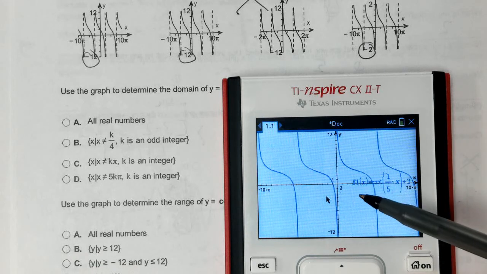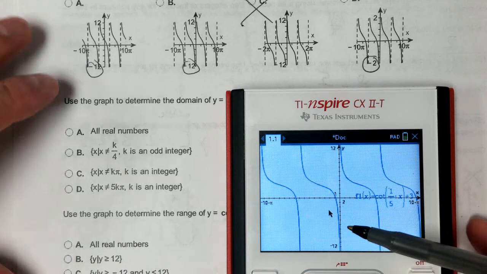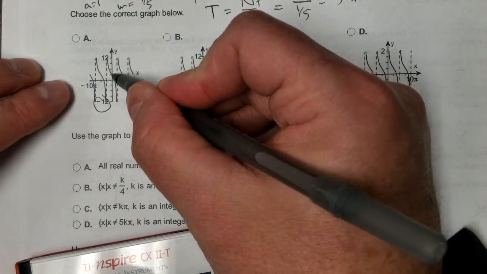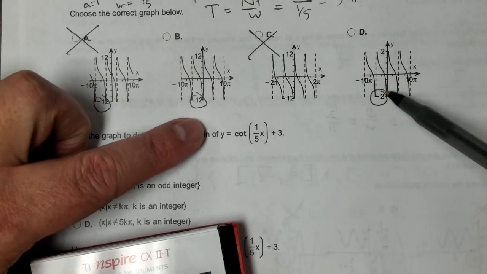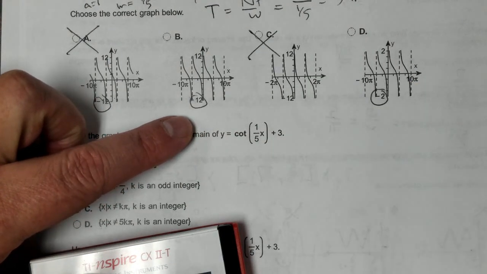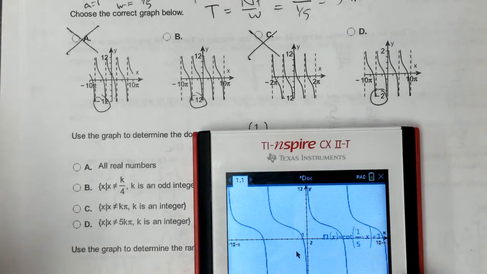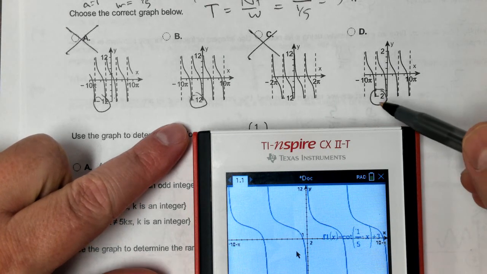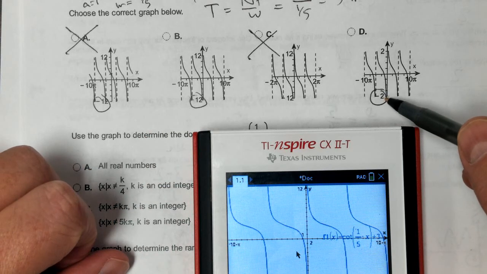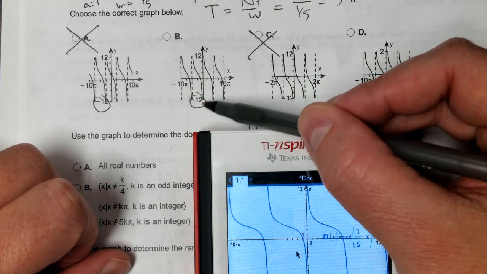Okay, so what I see is the y-axis is an asymptote, and this one has a y-intercept, so it can't be that one. So now we're down to the two that have an asymptote at the y-axis. Now this particular part could be the hardest part. On tan and cotan, what you have to do is figure out, is it really this close at negative 2, or is it further away, and is it really close at negative 12?